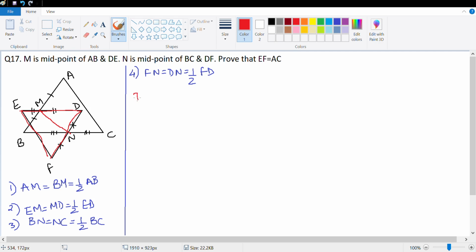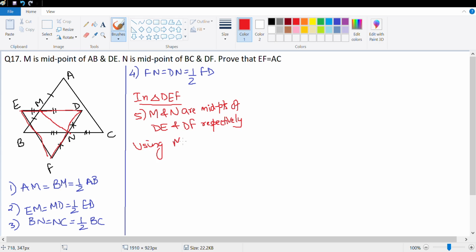So in triangle DEF, number 5 would be M and N are midpoints of, M is the midpoint of DE and N is the midpoint of DF respectively. Using the midpoint theorem, I get number 6, which is MN is equal to half of EF.